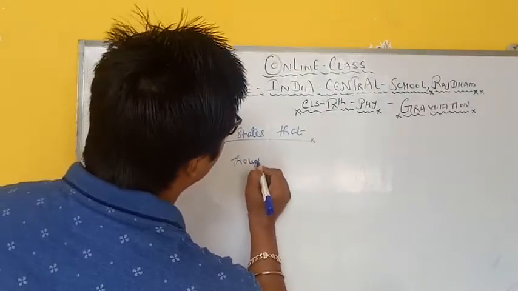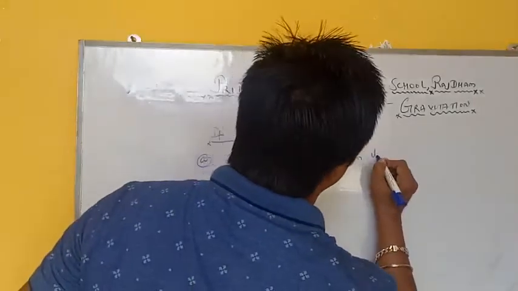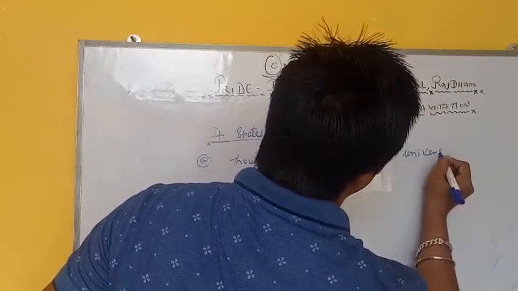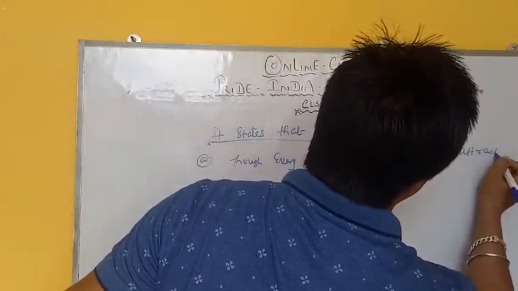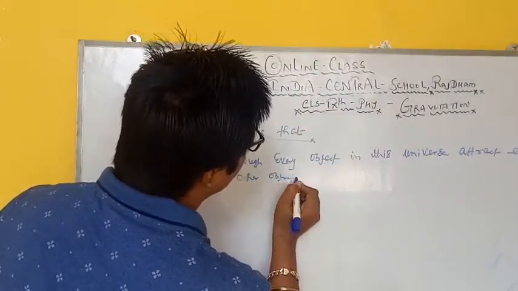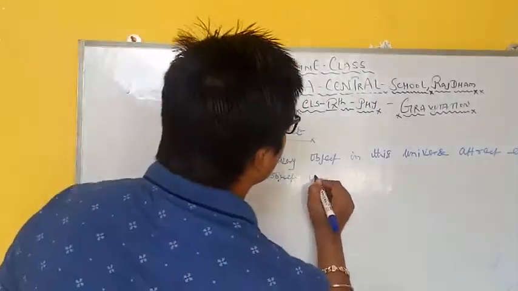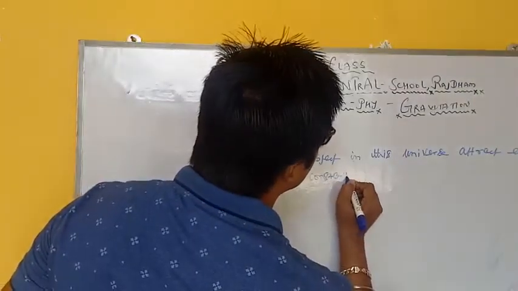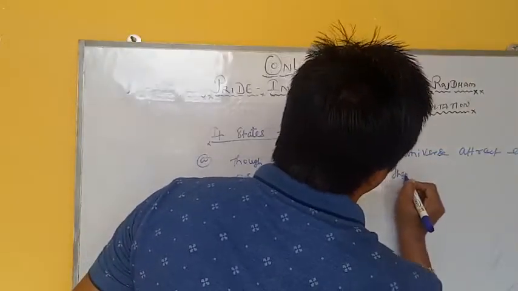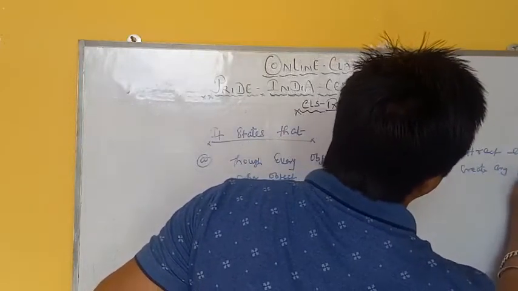That is, though every object in this universe attracts every other object, body, whatever you call it, constantly, but they do not create any motion.